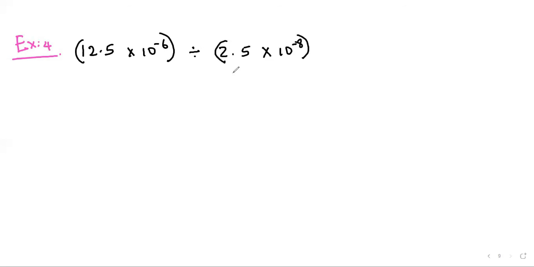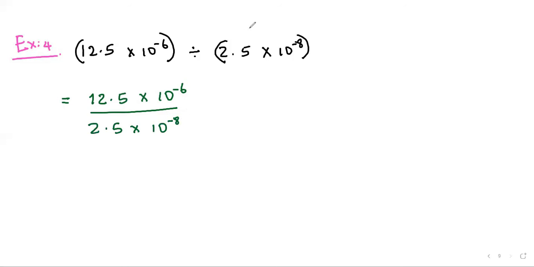Okay, so we can change the way of writing it as we have it as 12.5 times 10 to the power of negative 6 divided by 2.5 times 10 to the power of negative 8.